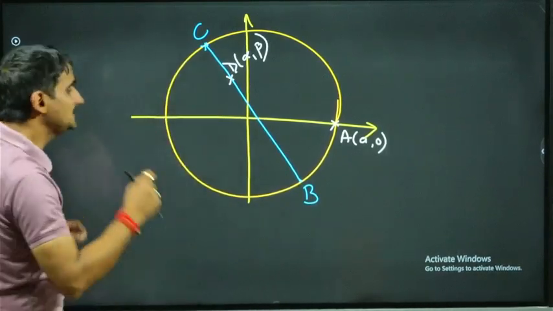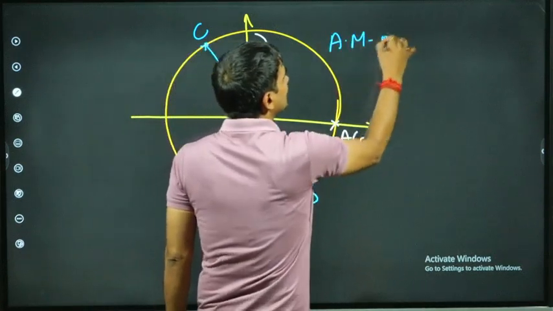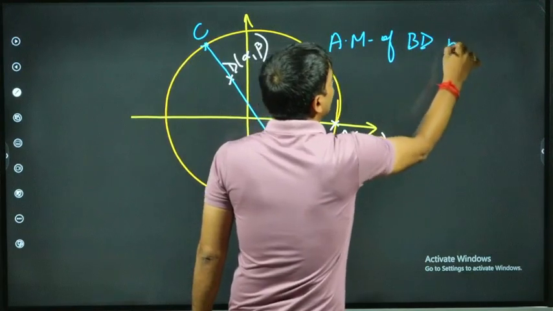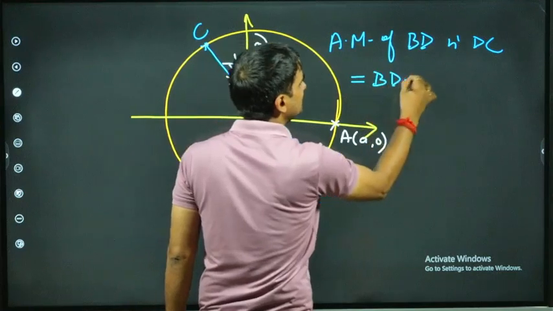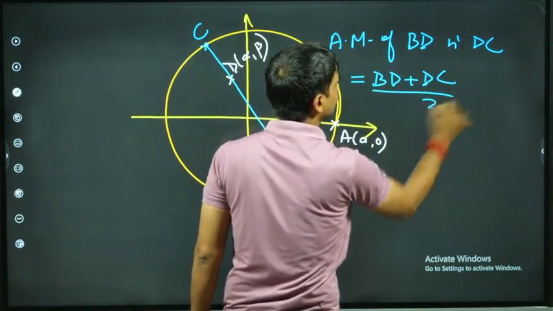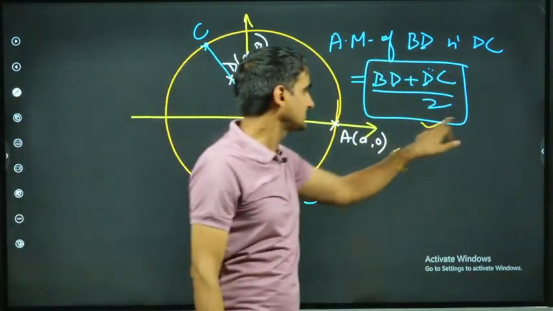What do we need? We need the arithmetic mean of BD and DC. So how much is it? That means we need the sum BD plus DC by 2. Now, here itself lies the key.